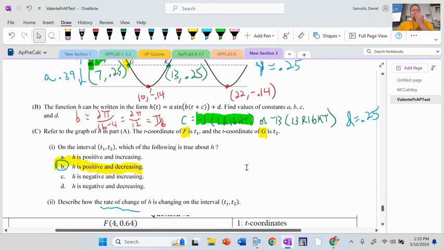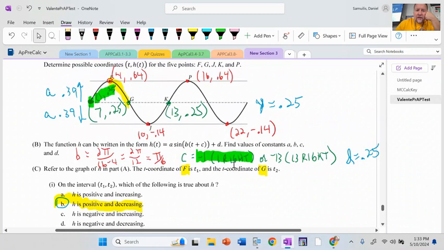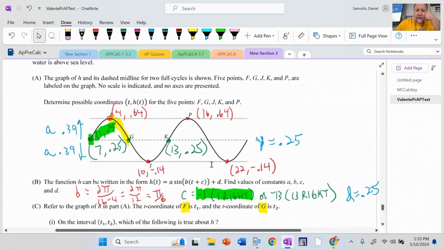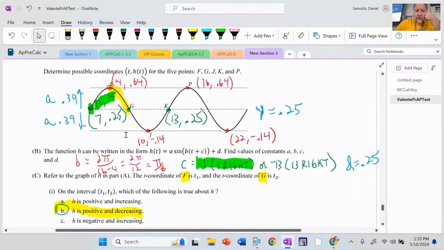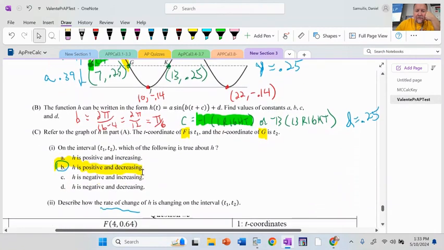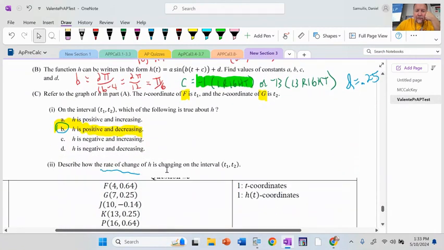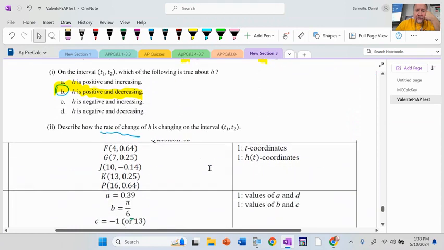They actually ask you some easy questions after that. So between T1 and T2 is F and G. That's these 2 points. It is decreasing, but also positive. And then describe how the rate of change on this interval is.